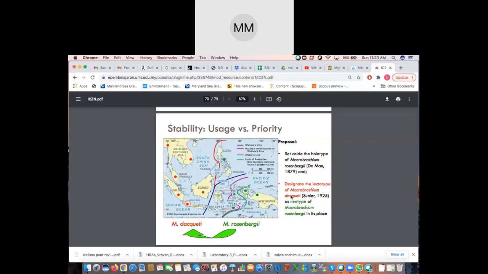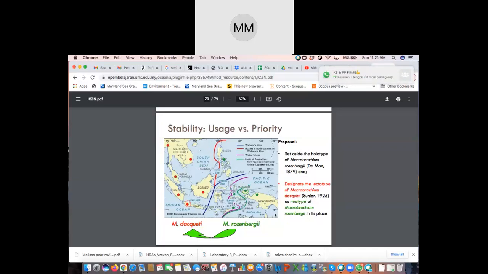The holotype for that cannot be used as a holotype. But now this lectotype will be designated the neotype for Macrobrachium rosenbergii.